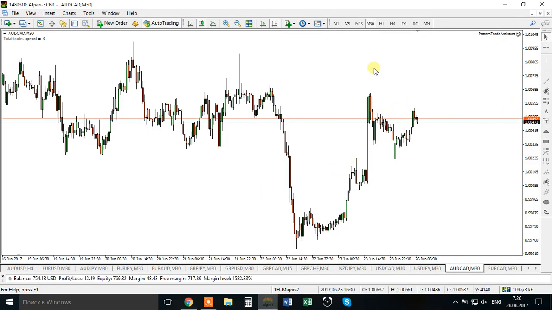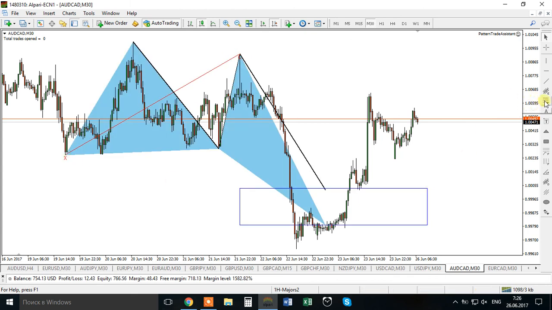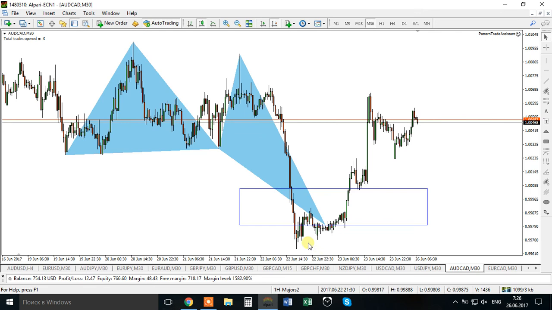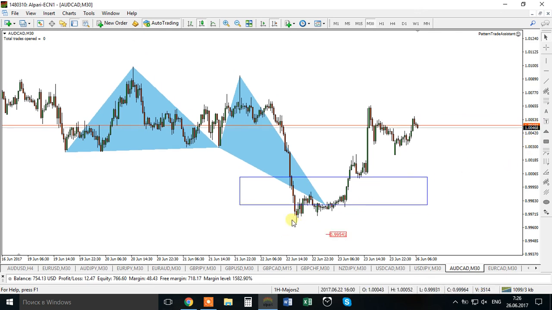Here's the wonderful thing. Let me draw it. C to X is your pattern. Yes, you have decided to put your stop loss just 1 ATR below this low. Yes, below this candle.